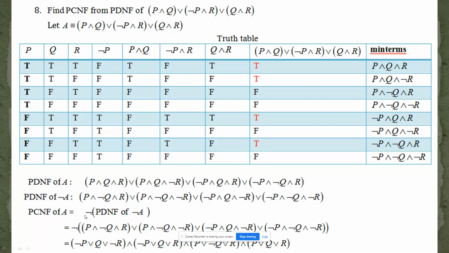Now PCNF of A is the negation of PDNF of negation A. Now apply negation to all brackets and to each individual bracket. Negation of negation P we know is P. By using this, you can write this. So this is called PCNF of A.